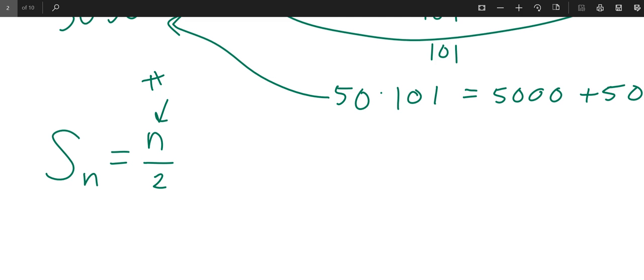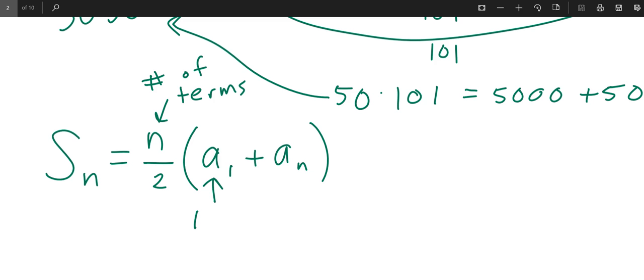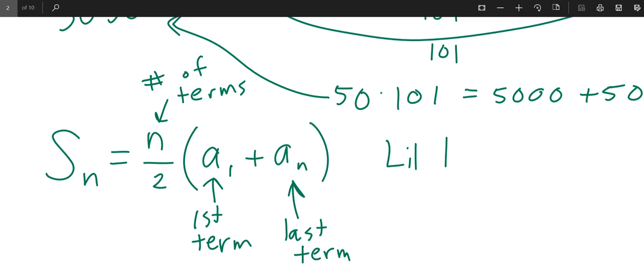Number of terms times the sum of the first term plus the last term. Those are the only things we need to know in order to be able to use Lil Carl's formula.